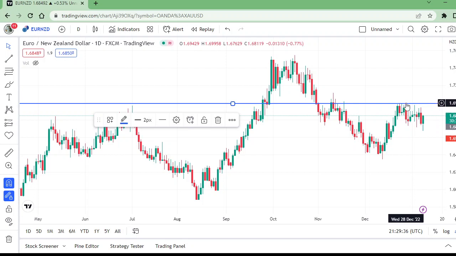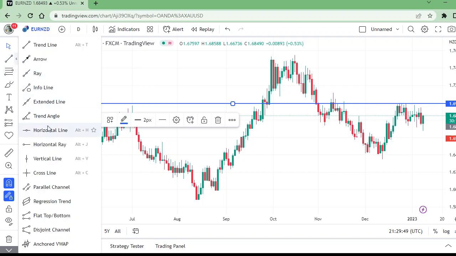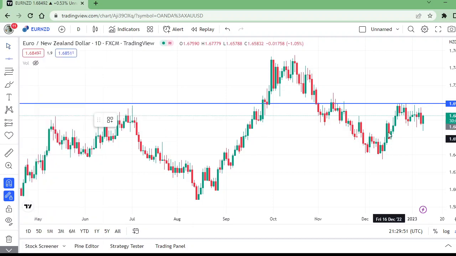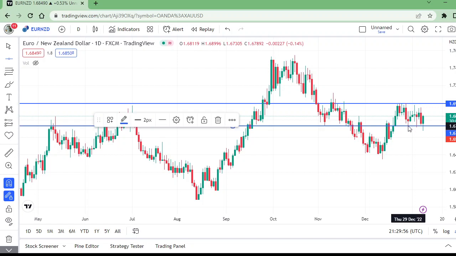This was the high of the market and this was the low of the market. I want to put these lines along with you watching me. How do I analyze this? Now this was the high of the market and this was the low of the market.